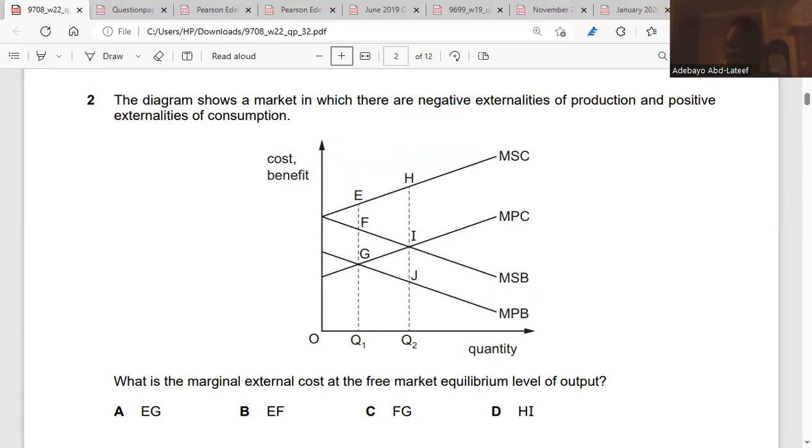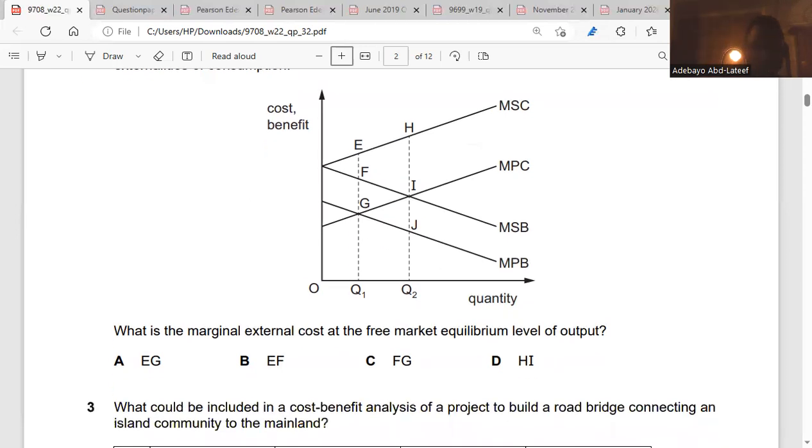You get it? So the equilibrium market level will be at EG, where our marginal social cost equals our marginal private benefits. Did you see it? It's in the same line, marginal social cost, marginal private benefits, EG. Clear? Very clear. We'll go to question 3.